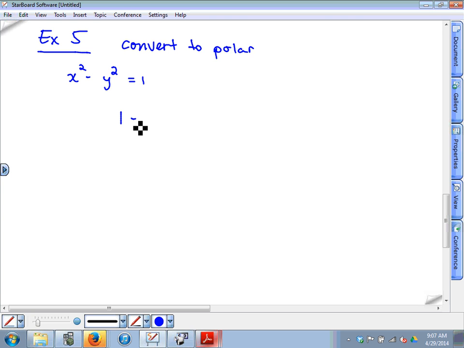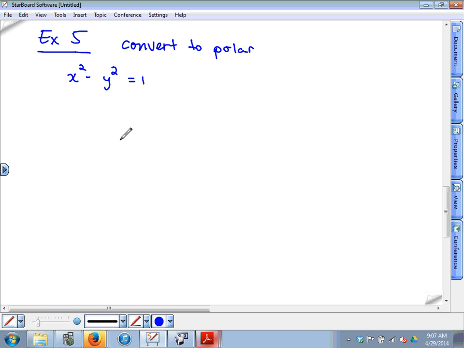So you'd have 1 minus x squared plus y squared equals 0. If we factor out our negative 1, we have x squared and we still have that minus y squared. That's not a bad idea though. See, these are good ideas to have and try and see if it works.